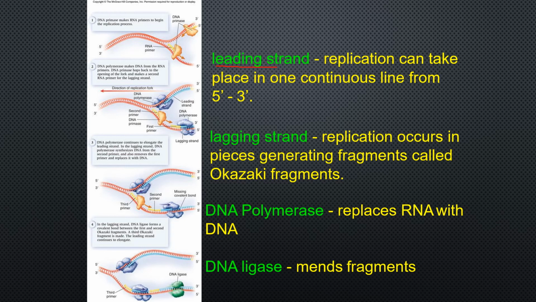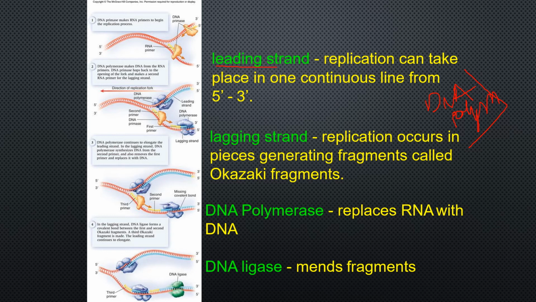Our lagging strand, the replication occurs in those fragments called Okazaki fragments. And these two both occur using the DNA polymerase. DNA polymerase has a lot of functions, and it's irreplaceable, basically. Okay, y'all know I can't write with this pen. I hope you can tell that's DNA polymerase.